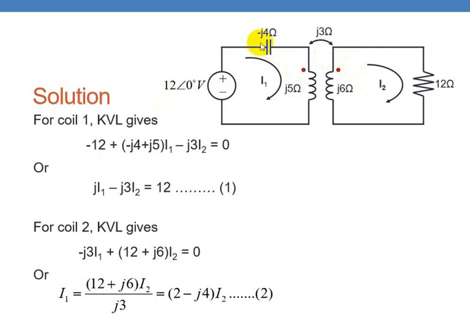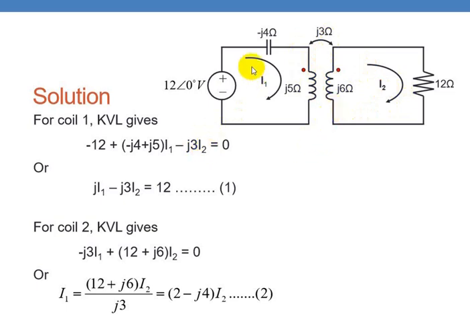That is minus J4 plus J5 into I1. Okay, then the mutual inductance voltage. For this coil, the mutual inductance is J3, J3 into, so which is causing this voltage drop. That is the current in the neighboring coil. That is current which is flowing in this is I2. So J3 into I2.